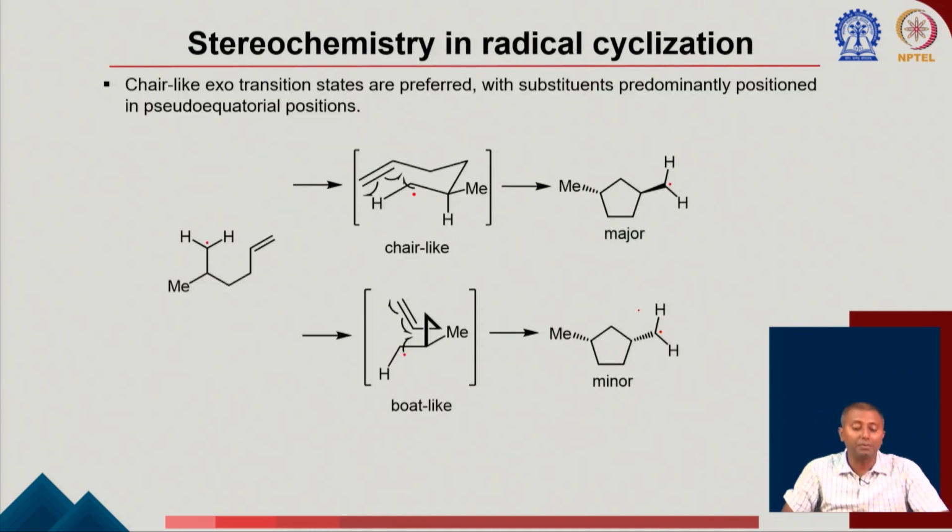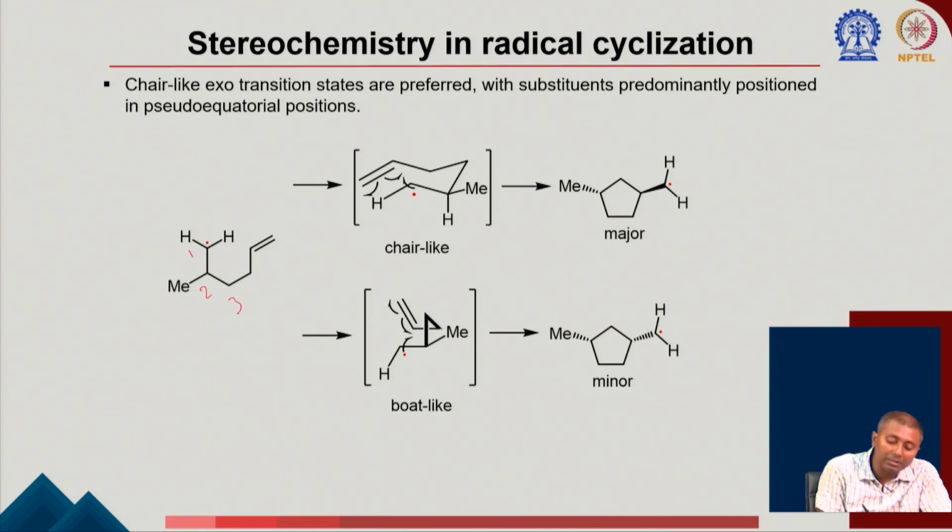Now the question comes, initially we mentioned that from there it will be going to the exo. There are different positions, if I give them the numbering 1, 2, 3, 4, 5. The problem is, depending on the substitution on this position, there will be a different selectivity, because once the radical attacks here on the olefin, you are generating a methyl group at the end after the hydrogen atom abstraction.